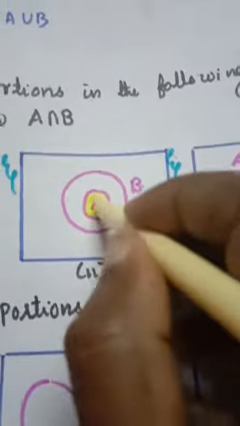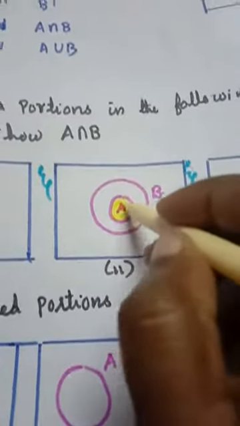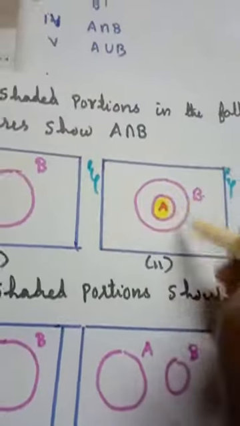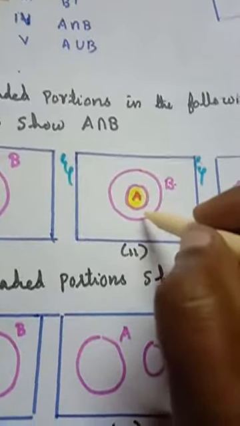So we can mark A. This is the Venn diagram for A intersection B for a subset.